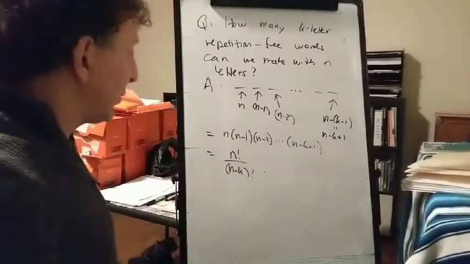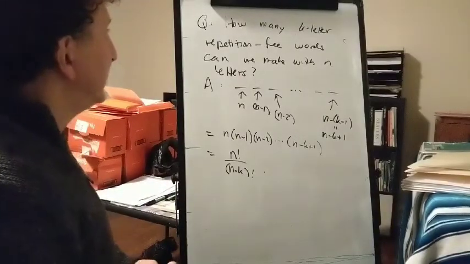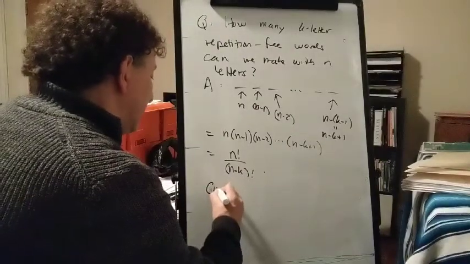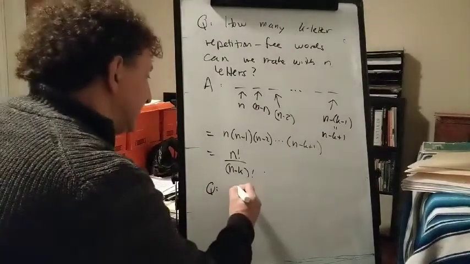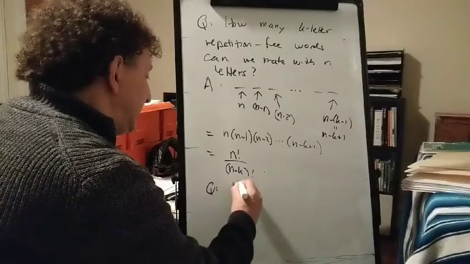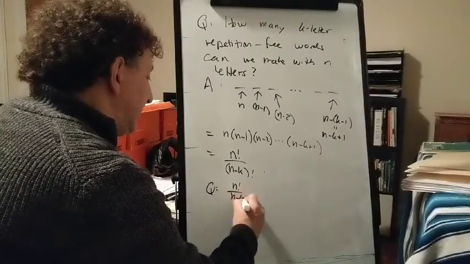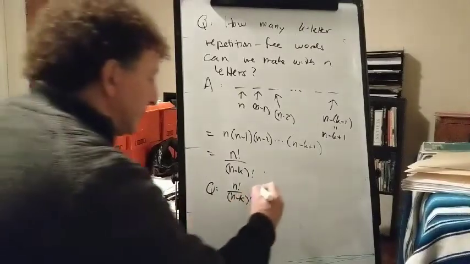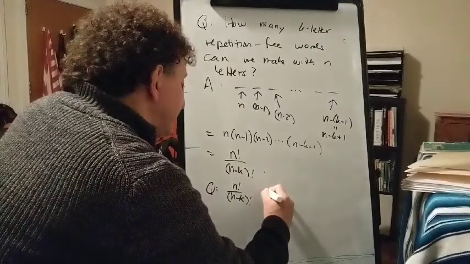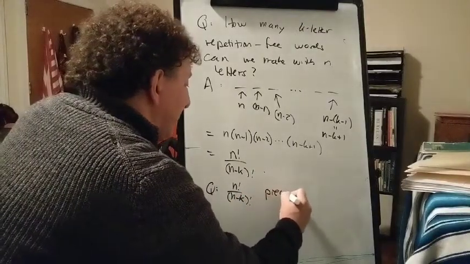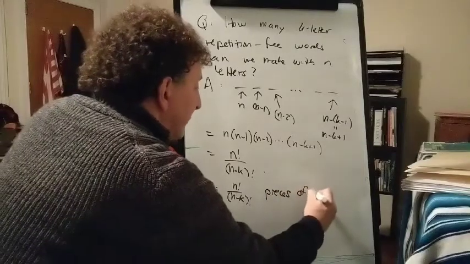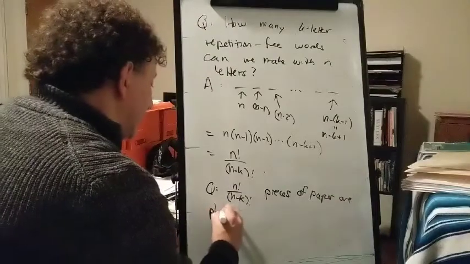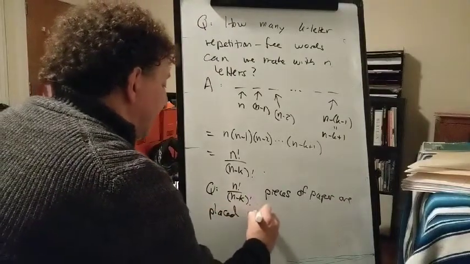Now if we wanted to make this into a probability problem, we could say n factorial over n minus k factorial pieces of paper are placed into a hat.